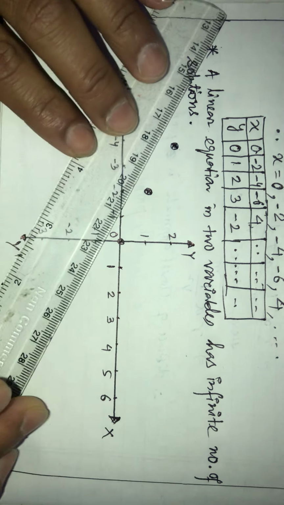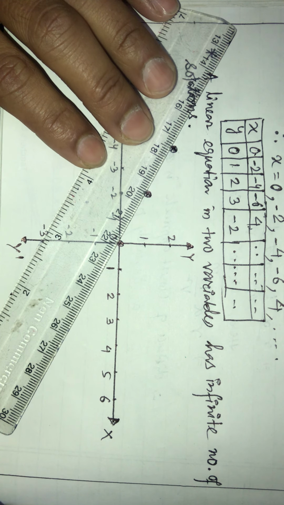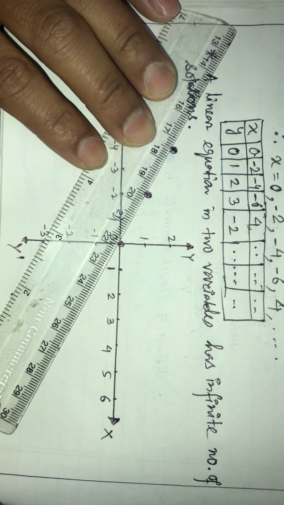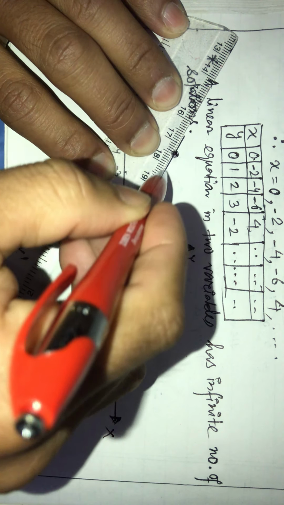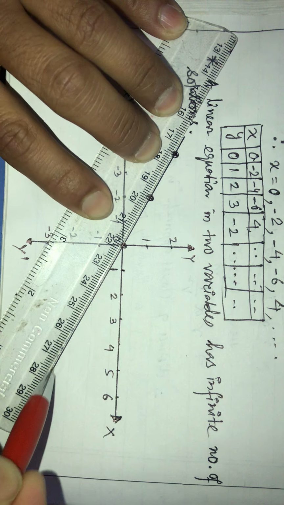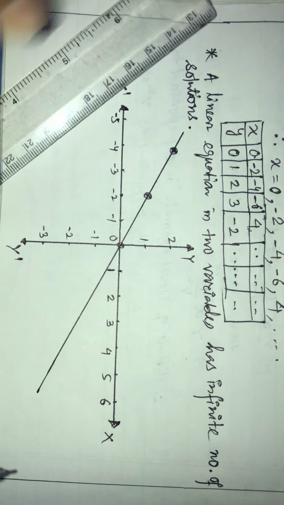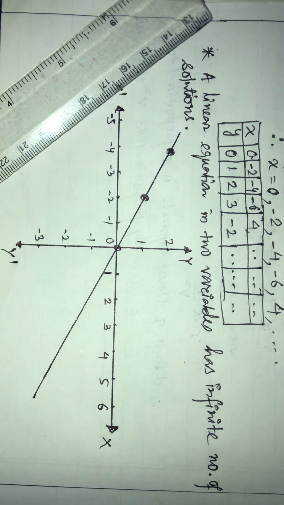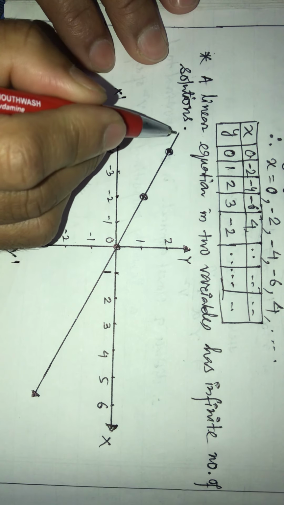Okay, I got 3 dots here. Similarly you can plot for all these values. Now I need to join these points, dots. So please use your pencil, don't use a pen in plotting a graph. Everything you should do with pencil and ruler using graph paper.